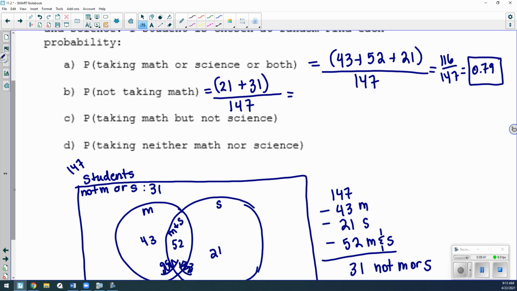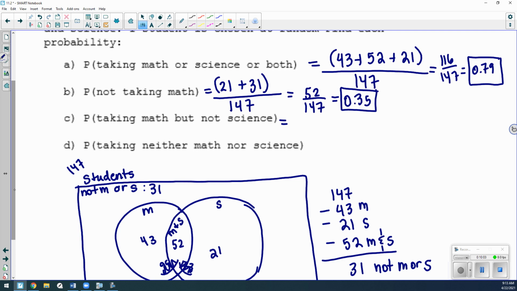And that gives me 52 over 147, as a decimal, 0.35. So there's a 35% chance, a little more than a 1 in 3 chance, that a student isn't taking math. That's a bummer. Shameful. Their guidance counselor should get their head on straight.